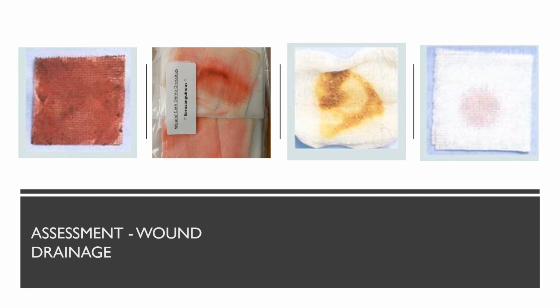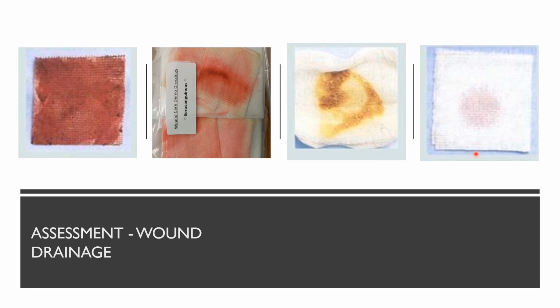The drainage can be bright red, which is the first one, called sanguineous. Second is serosanguineous, which is light pink or red. Third is purulent, which is cloudy or milky. And the last one is serous, which is clear.